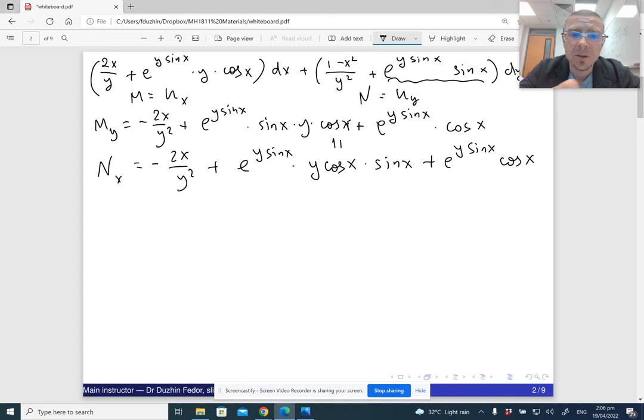And these two are indeed equal. Okay, check. So this differential equation is indeed exact.